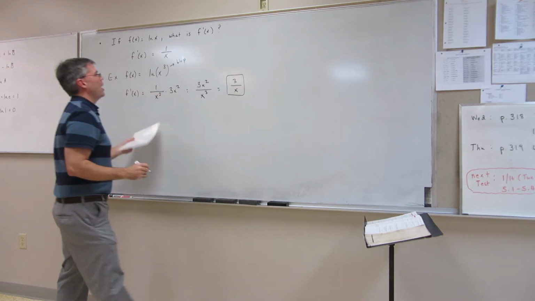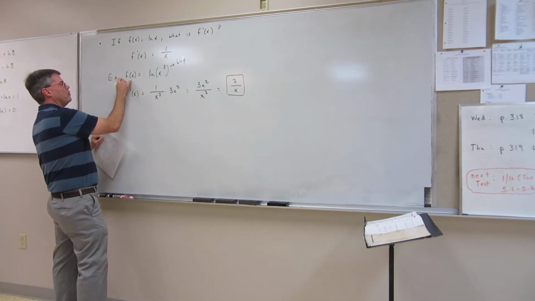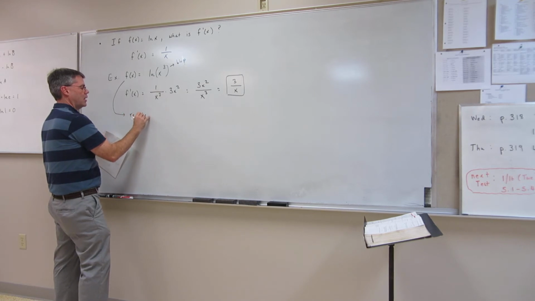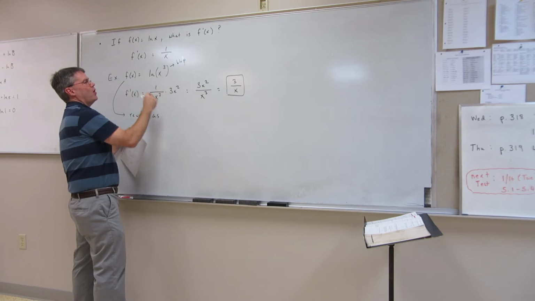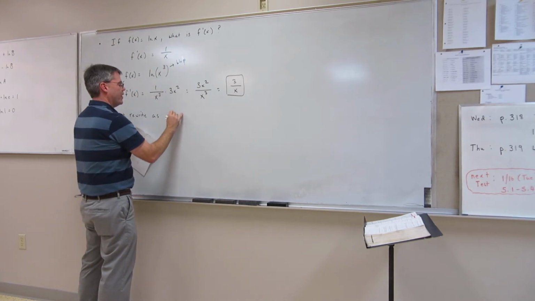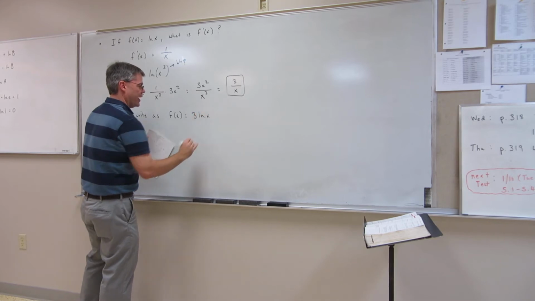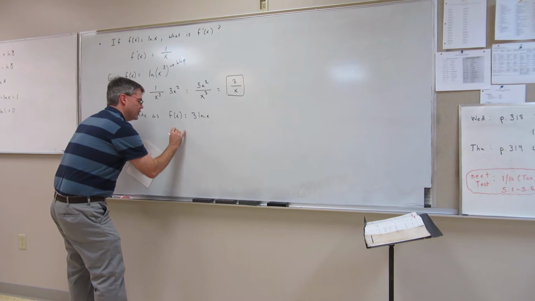Now we could use the properties of logs to make this problem even easier. We could rewrite it, as we can bring that 3 out front. So f of x is equal to 3 times the natural log of x. So this is really easy to take the derivative of.